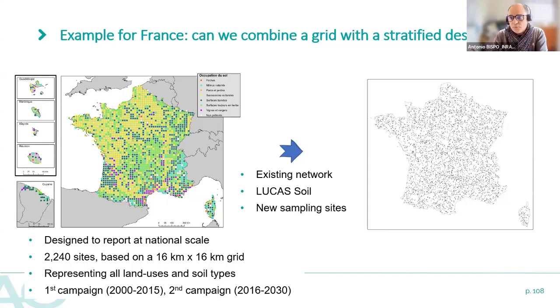And now we need to move, trying to combine that existing network of sites with the LUCAS soil network, and also with maybe new sampling sites in soil units that were not covered before. So we are now trying to adapt the existing system to a new one. So that's for the sampling part, for the sampling strategy. Next slide, please.